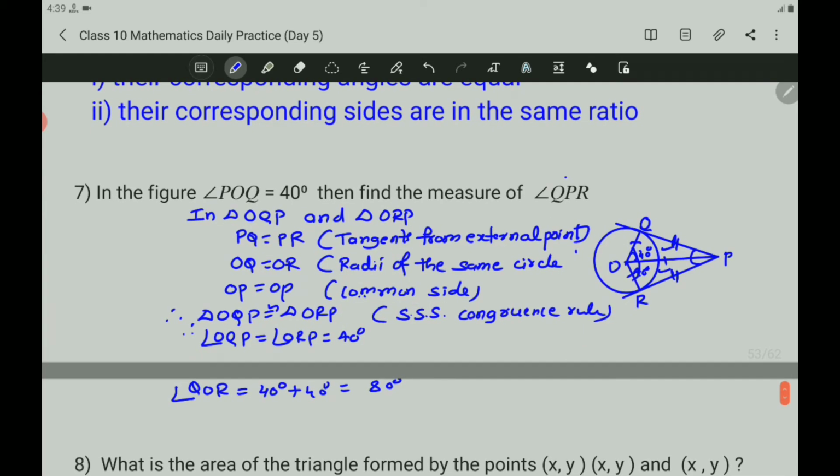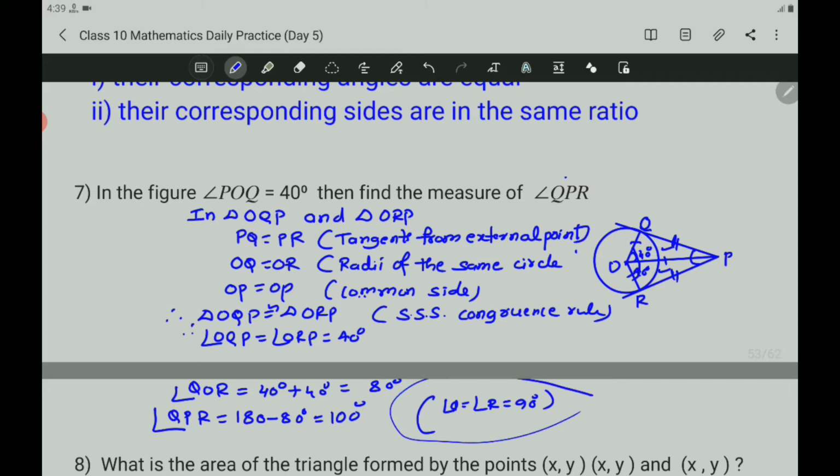So you take angle QPR equals 180 minus 80 degrees, that equals 100 degrees. Reason: angle Q equals angle R equals 90 degrees, because they are the angles between the radius and tangent. Only this much is enough. So that is the detailed answer. Or otherwise directly you write angle QPR equals 100 degrees. Orally you calculate and write the answer if it is a one mark question.